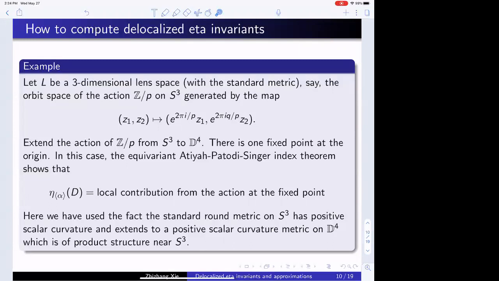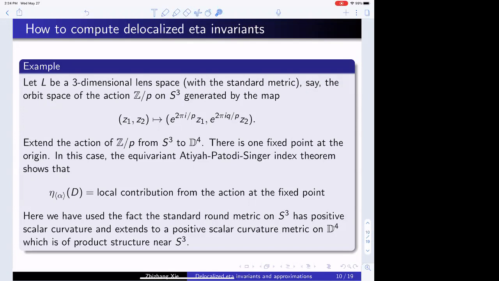So now let me give you at least one example where this eta invariant, the delocalized eta invariant, actually can be computed. So let's take L to be a three-dimensional lens space with a standard metric, the orbit space.